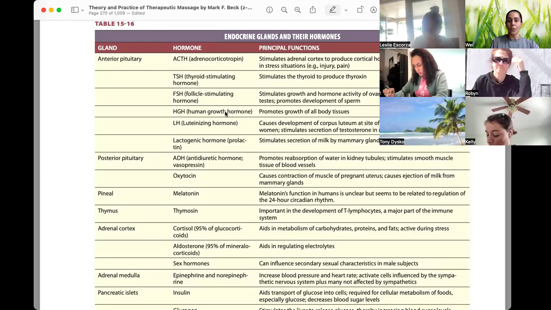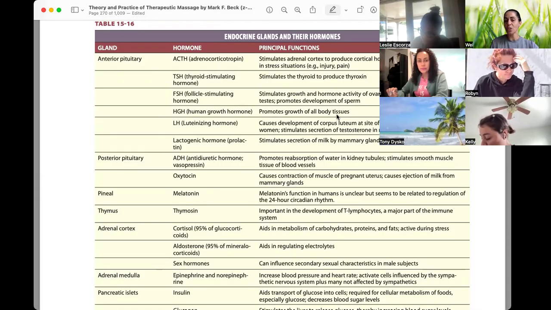Now we have growth hormone, HGH, which is human growth hormone, which promotes growth of all body tissue. Sometimes people, as they age, that hormone tends to almost diminish, or it releases really, really little hormone.